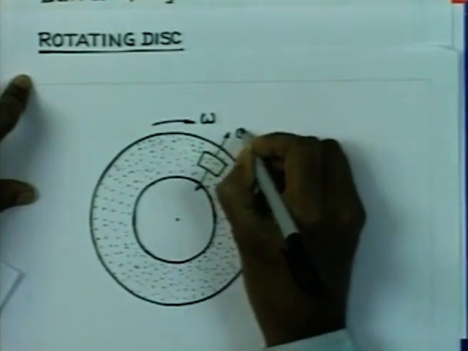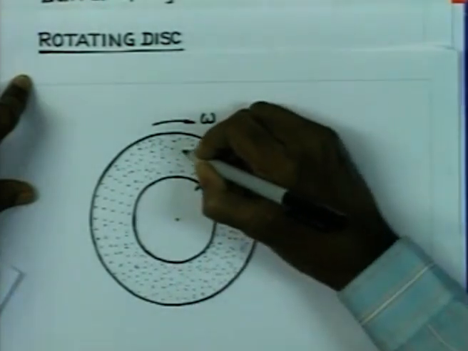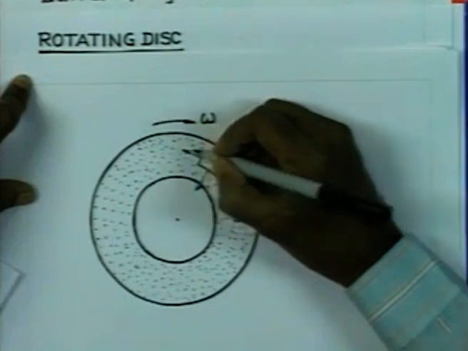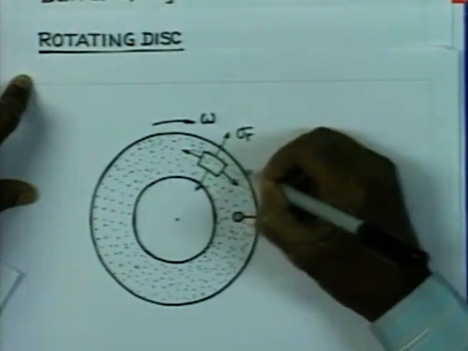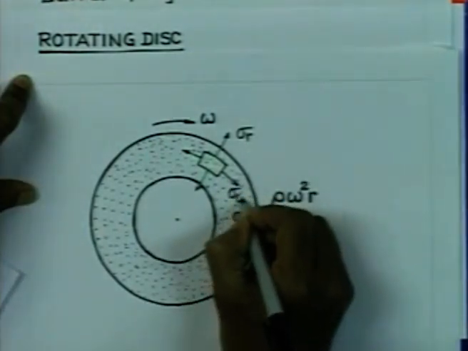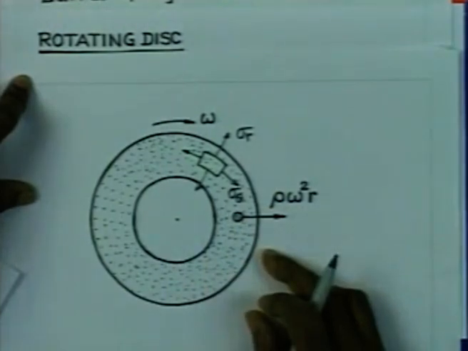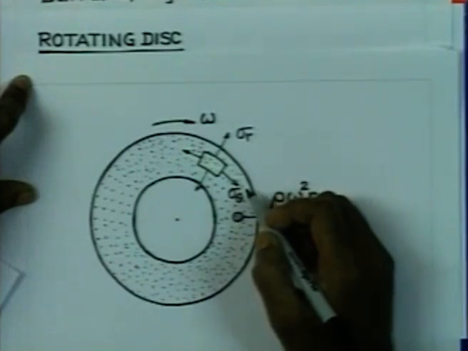So, we will indicate that stress by sigma r, and there is also going to be a stress at each and every point in the circumferential direction. So, there will be hoop stress. So, each point is subjected to both radial and circumferential stress.